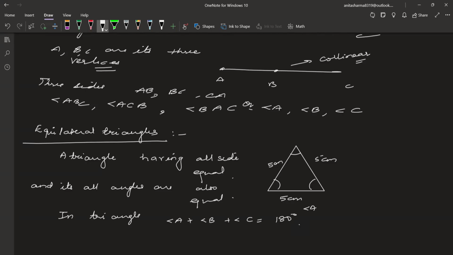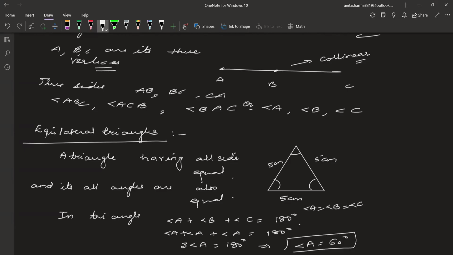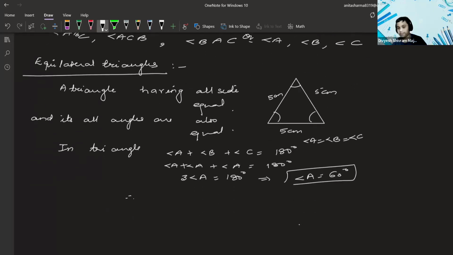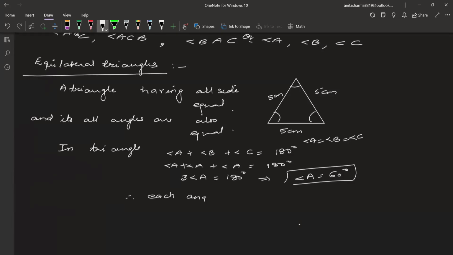If all angles are equal, it means angle A is equal to angle B is equal to angle C. So, instead of B and C, I have written angle A. In this way, you will get thrice angle A equal to 180. Then angle A will be 180 by 3, that is 60 degrees. Therefore, each angle of an equilateral triangle is 60 degrees.